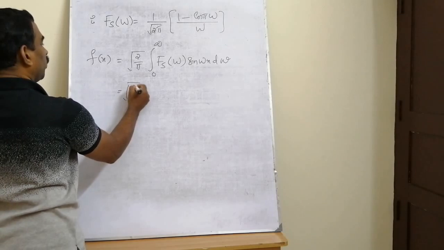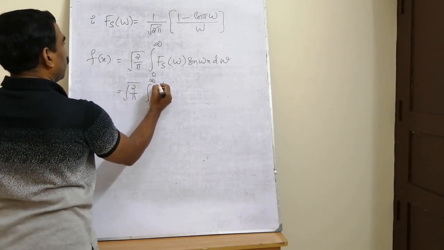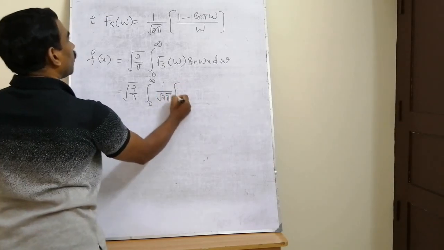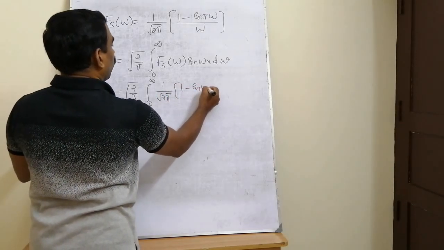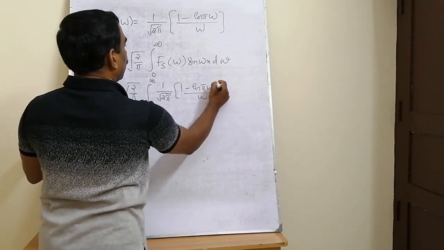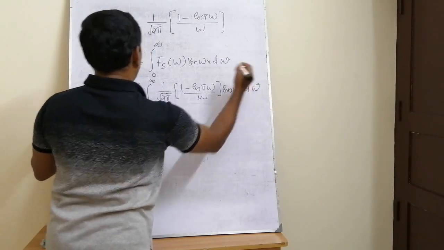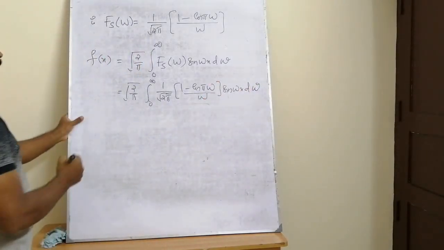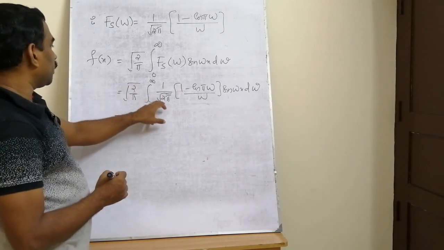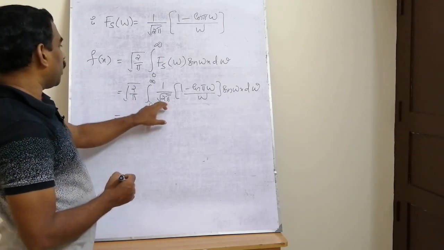equal to square root of 2 by pi integral 0 to infinity 1 by root 2 pi, (1 minus cos pi omega) divided by omega into sin omega x d omega. On simplification, we can cancel one root with this 1 by root 2 pi, and root pi into root pi becomes pi.